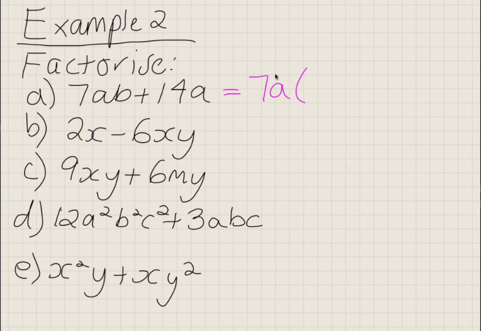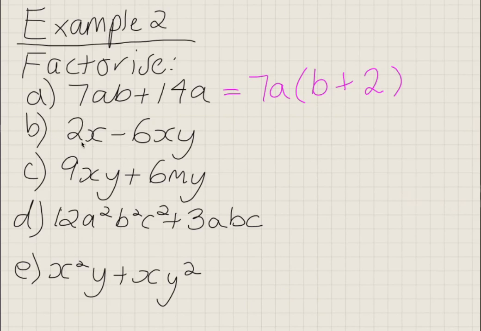Then if this was to be expanded, think 7 times what would give 7ab? Must be b. Then 7a times what would give positive 14a? Well, that's just been times by positive 2. So we have 7a bracket b plus 2.